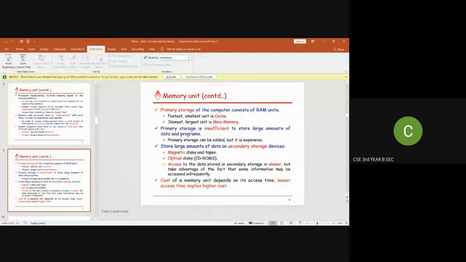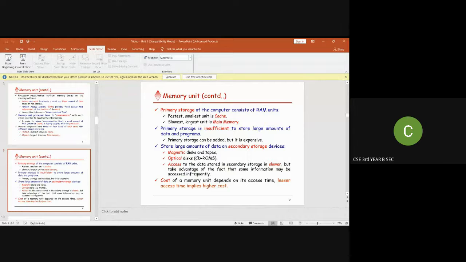So the memory system can be divided into two types: primary memory and secondary memory. This primary memory is also called main memory. Primary memory is the most important in the memory system because all the instructions executed in the processor are accessed from the main memory.